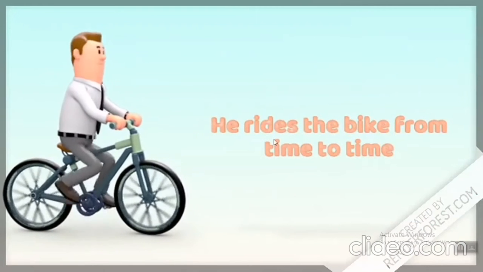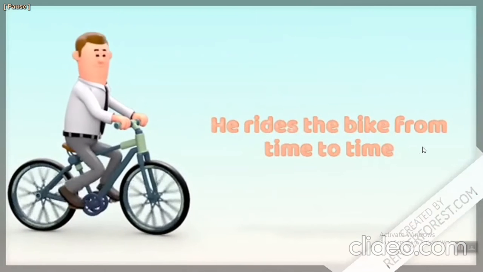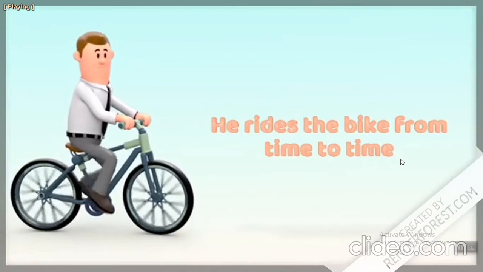Again, the subject is singular, so we added s. So he rides the bike from time to time. From time to time is also a phrase that refers to frequency.